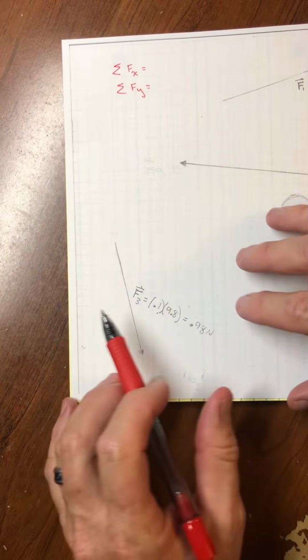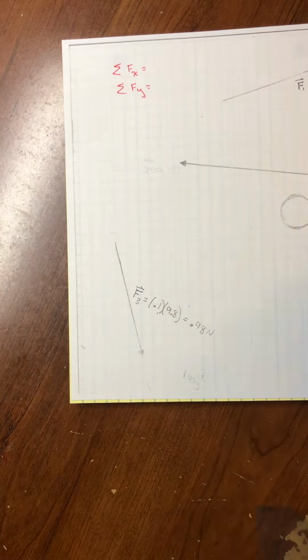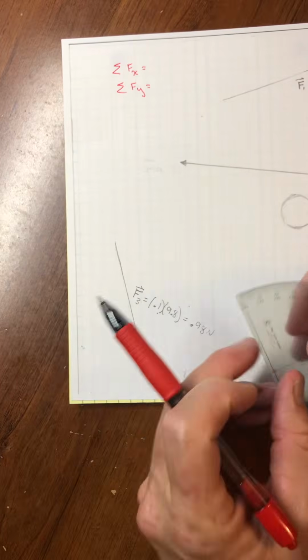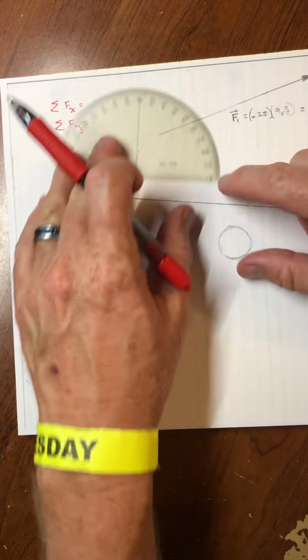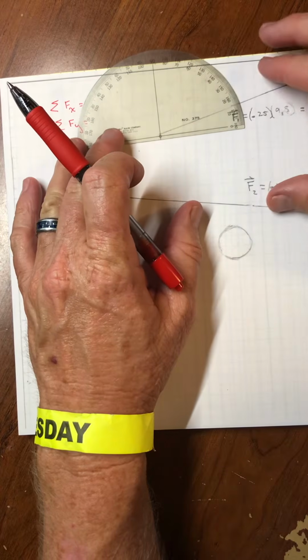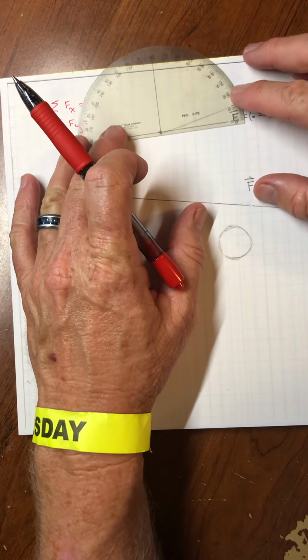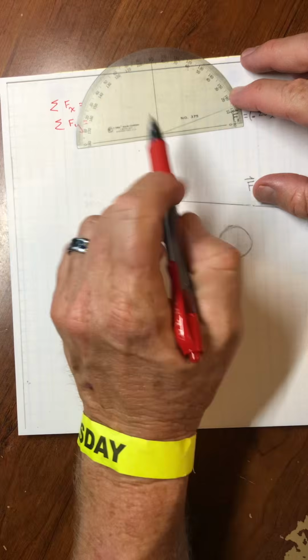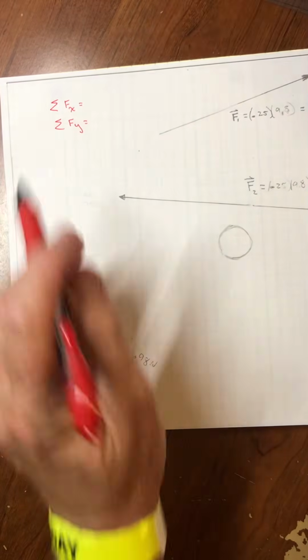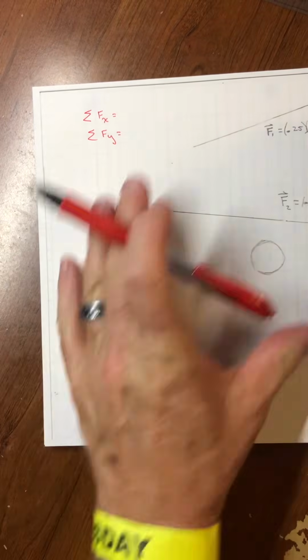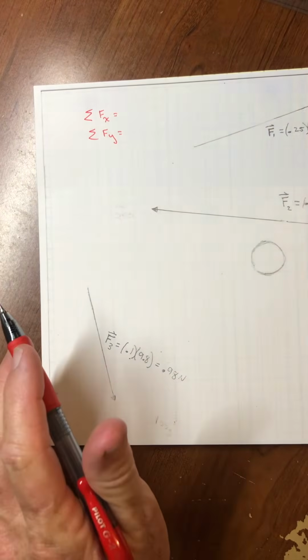You find each of those components by getting a protractor and measuring some angle. Like for force number 1, maybe I'd put it here on my grid and then get this angle. I'm going to trust that you are doing the forces right, because nobody asked about that.